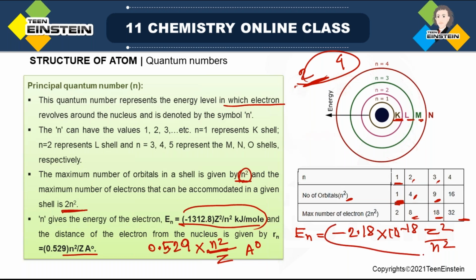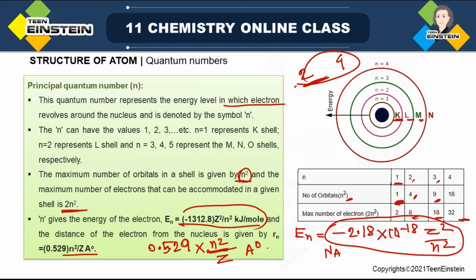So if you multiply this value with the Avogadro number, 6.023 into 10 to the power 23, you will get the value of energy per mole. That is for 1 mole, because in 1 mole you have to consider the Avogadro number of electrons.